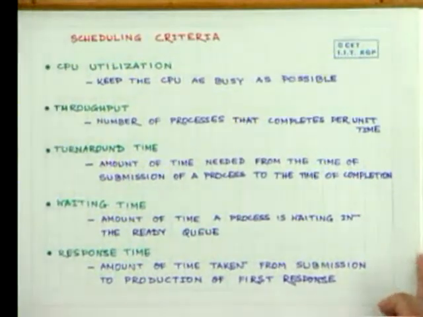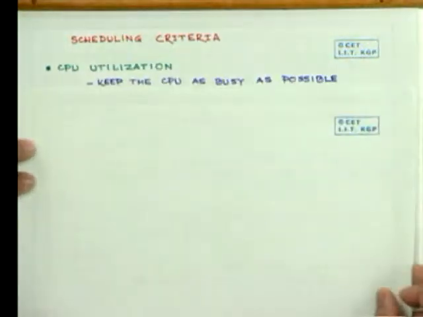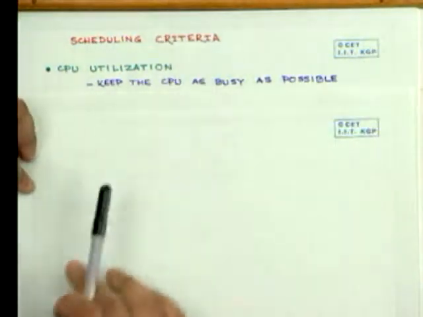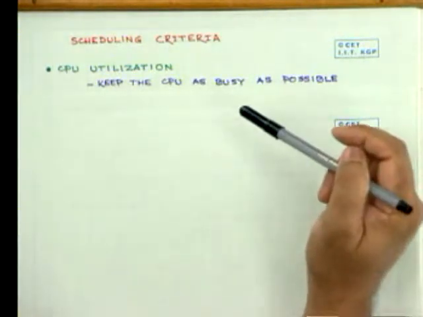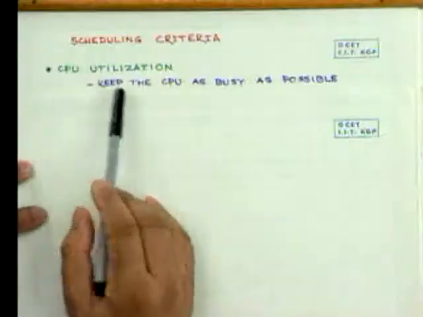Now, before we discuss the methods, let us first see what the scheduling criteria are. When we said that one process has to be selected from so many in the ready state, there should be some criterion, some basis on which the selection goes, and that is what the algorithm will decide. The different criteria are there.